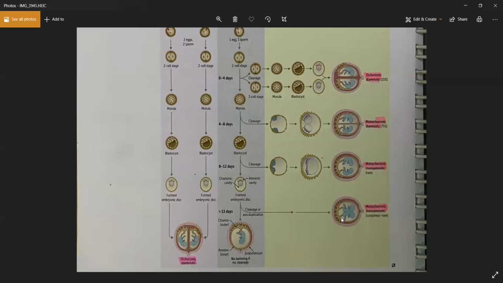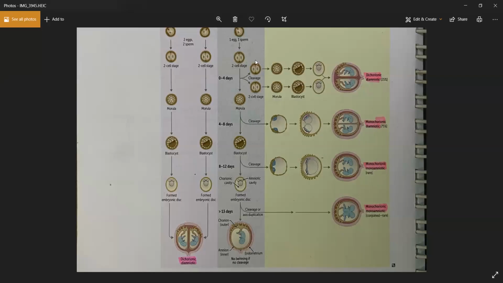So Step 1 will give you a certain arrangement, whether it is dichorionic diamniotic, monochorionic diamniotic, monochorionic monoamniotic, or conjoined, and they will ask you at what day the cleavage of these cells occurred.